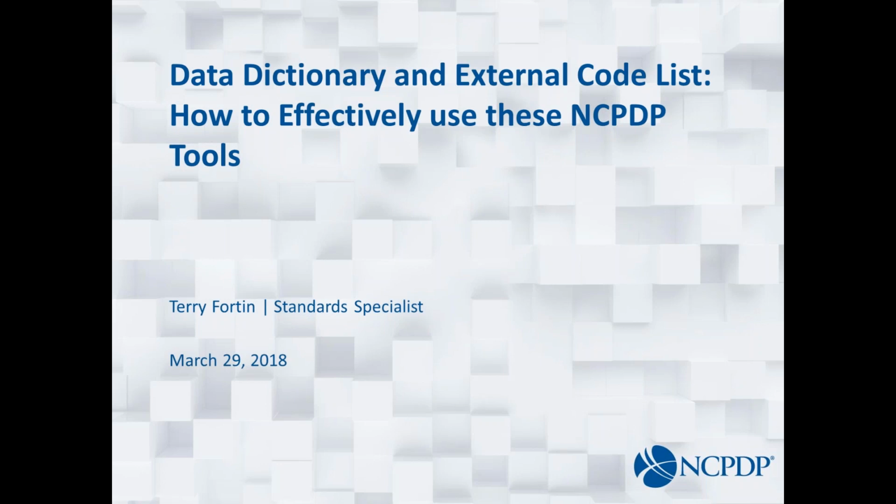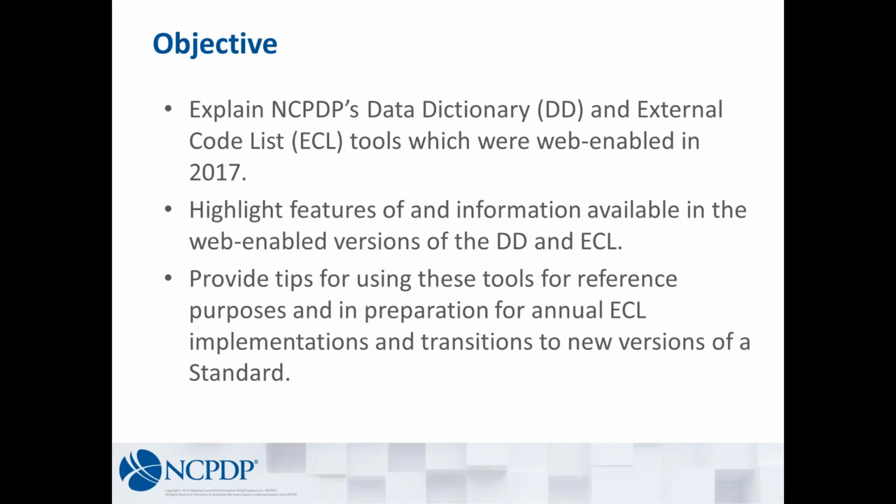Just a quick summary of our objectives today. I want to explain our data dictionary, also might be calling it the DD today, and our external code list, the ECL tools, which were recently web-enabled last year.